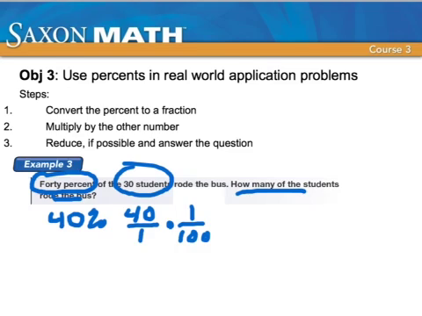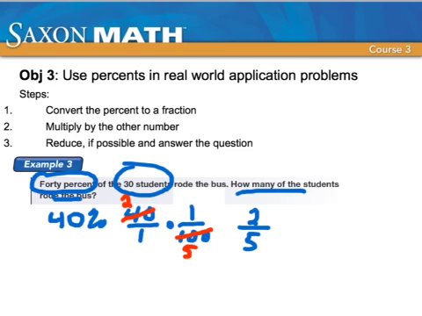Okay, now again, I can reduce first. I know that 20 goes into both 40 and 100, and 40 divided by 20 is 2, and 100 divided by 20 is 5. Then I can go ahead and multiply the top. 2 times 1 is 2, and 1 times 5 is 5 on the bottom. So I've got my percent as a reduced fraction.